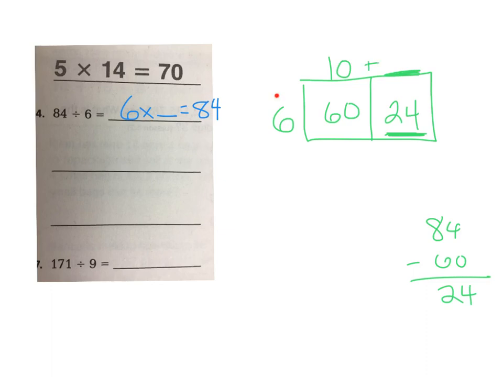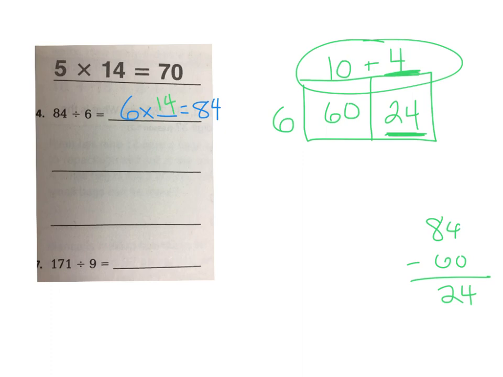All right, 6 times what will give me 24? If you said 4, you know your multiples of 6, then you are correct. So that right there will be our missing factor, which is 10 plus 4. So we're going to stick 10 plus 4 right there and get 14 in my mystery answer for finding out 6 times what will give me 84.